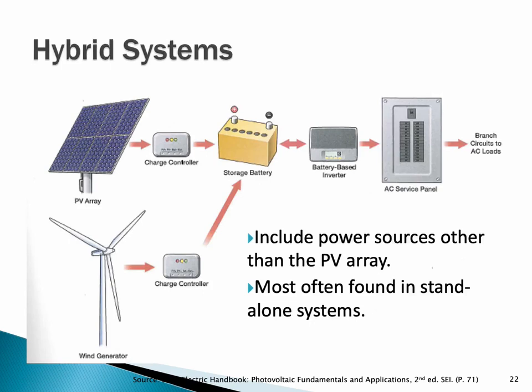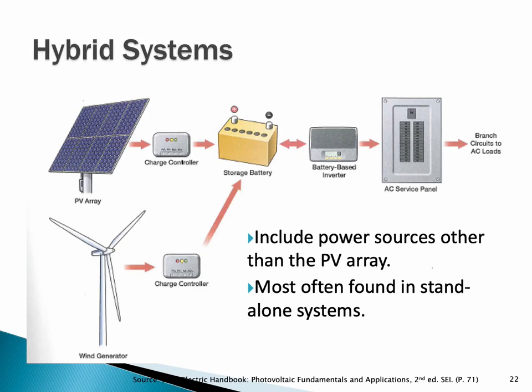Hybrid systems, we talked about this, I believe. Yes, we did. We have an array of PV. We have a wind generator. They both feed into a common battery pack, and then out of that battery pack into an inverter, and then to the AC loads. So for sizing of these types of systems, we're going to take the annual load of the home and run half of that with PV, half of that with wind.